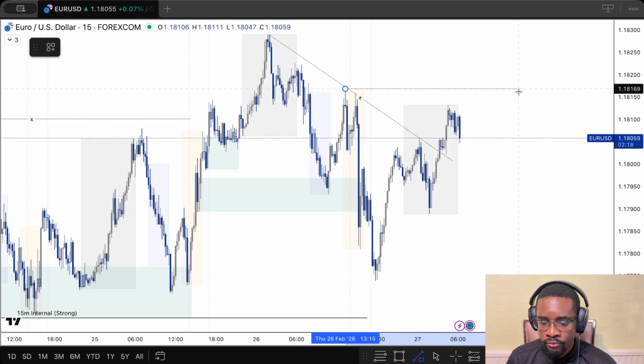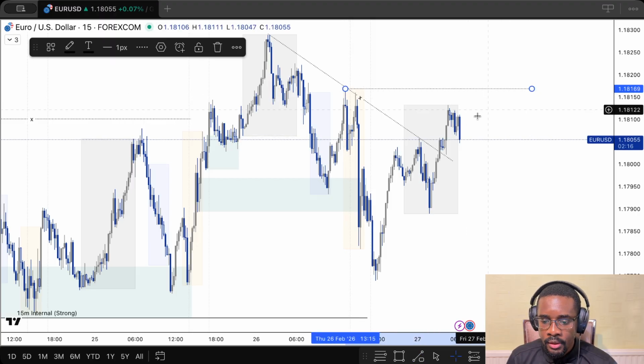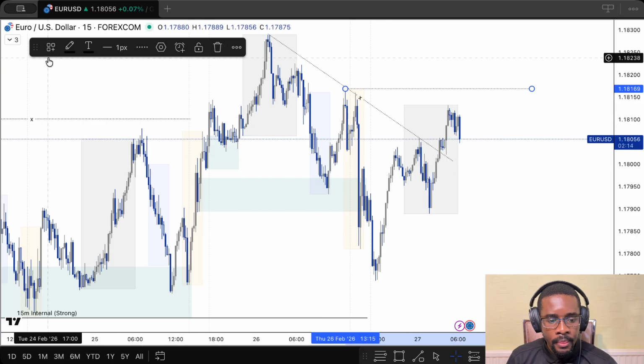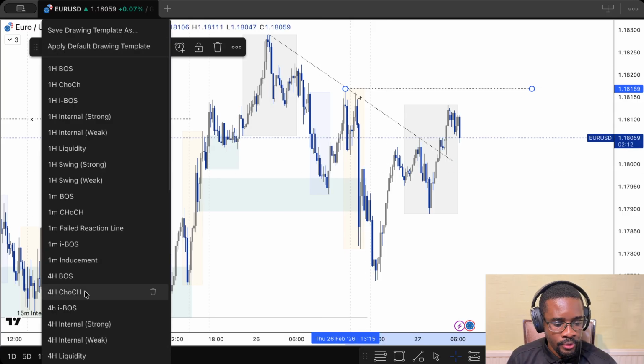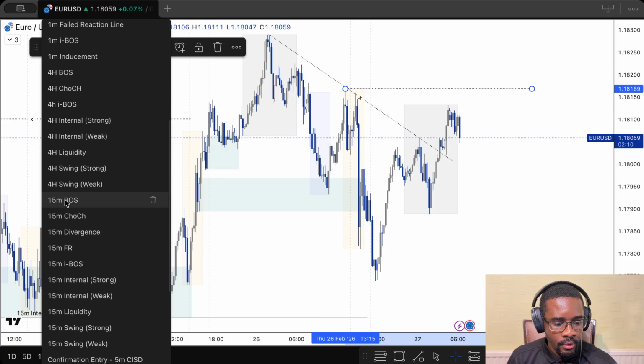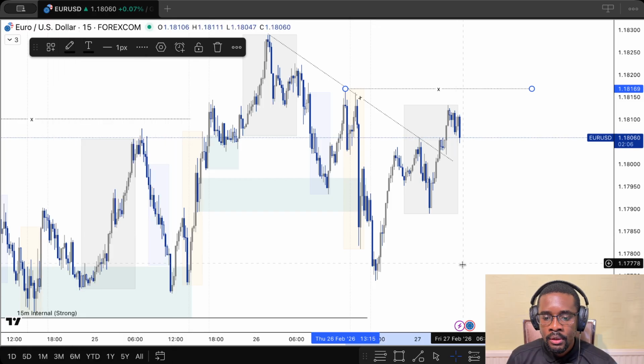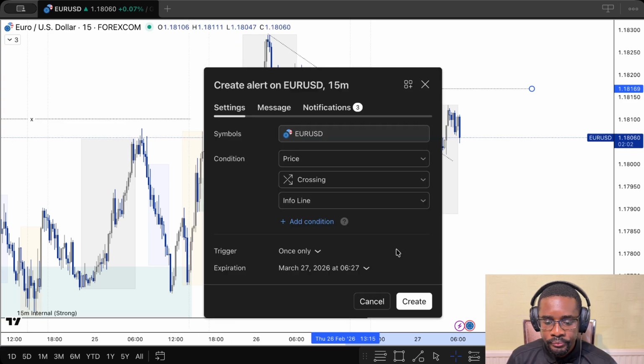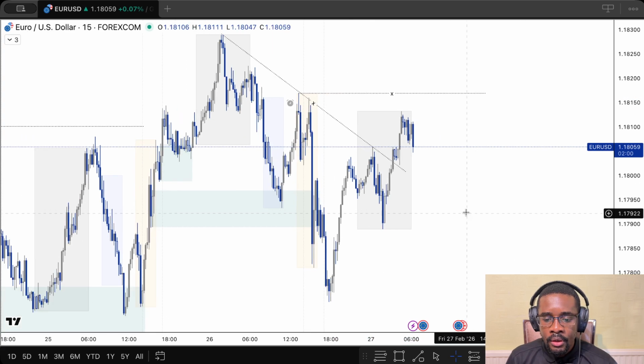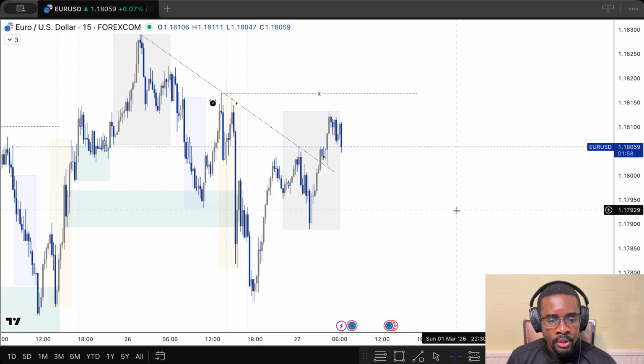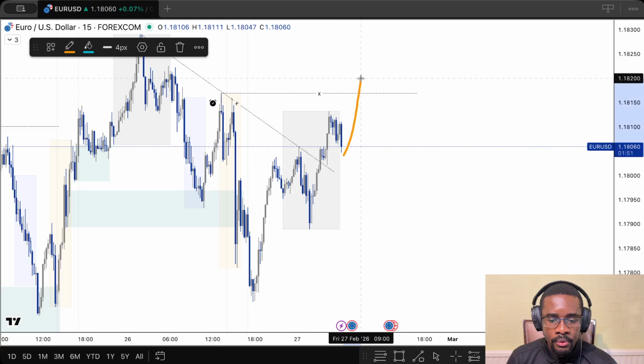So what I'll be looking for today, where is it? Okay, there you are. What I'm looking for today is that during our key time window, I want to see price come up and sweep these highs.